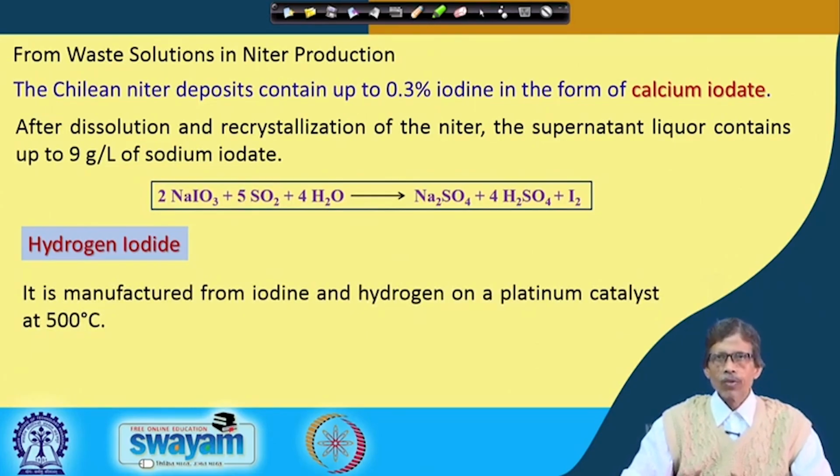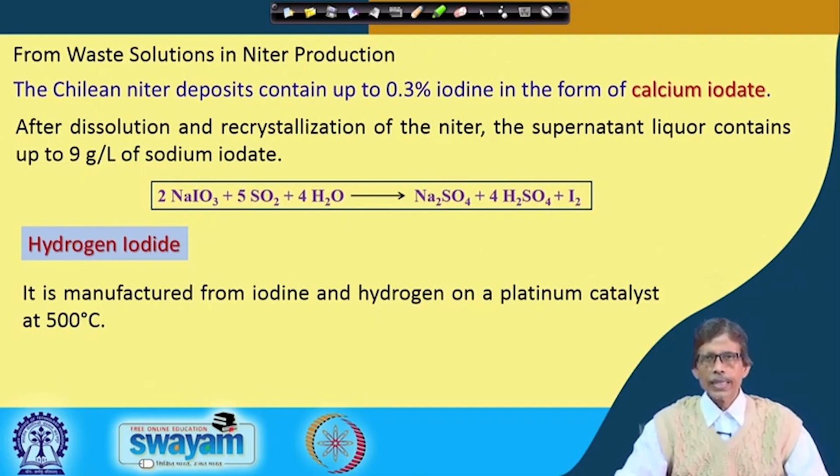Again, like the direct combination, these are direct elemental combinations. The elemental combination of hydrogen and iodine at an elevated temperature of 500 degrees centigrade is not sufficient by itself. You have to have some amount of catalyst, and that catalyst is a noble metal, platinum.